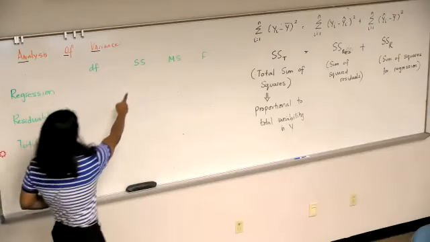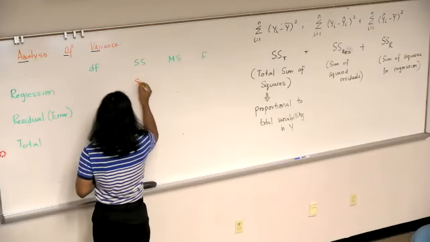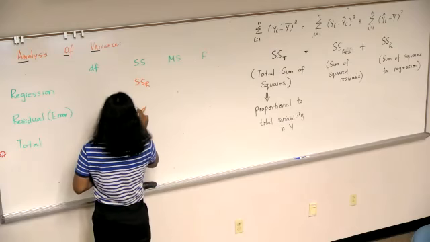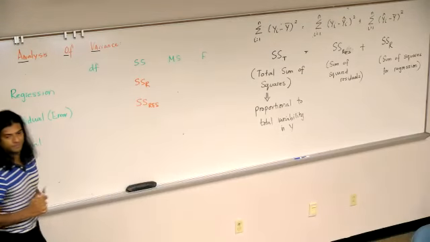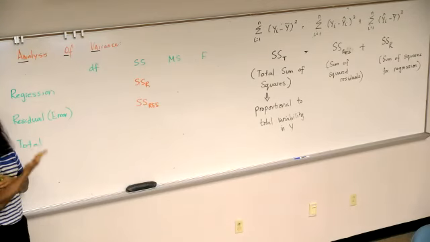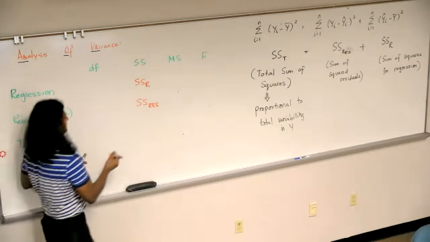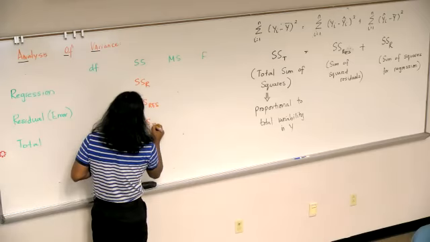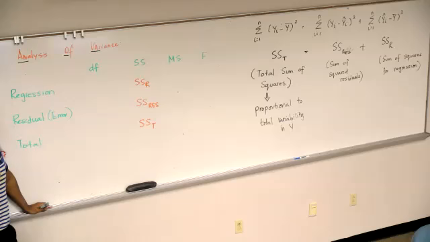Now, that I can write as SSR. This part, SS res. Naturally, if I sum those two, what will I get? SST. SST is yi minus y bar squared summed over all observations.